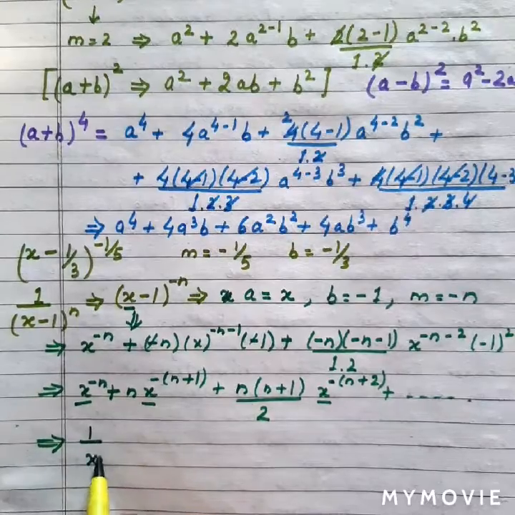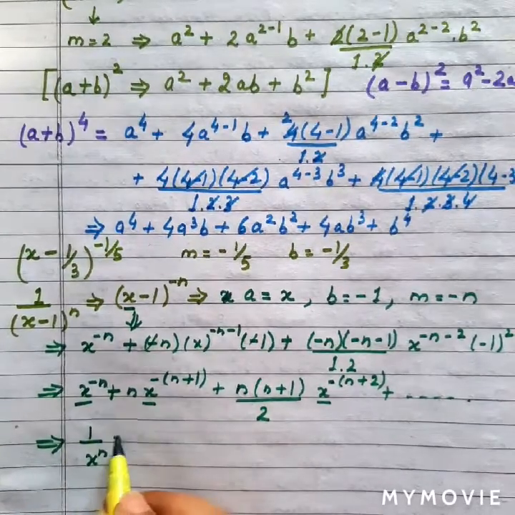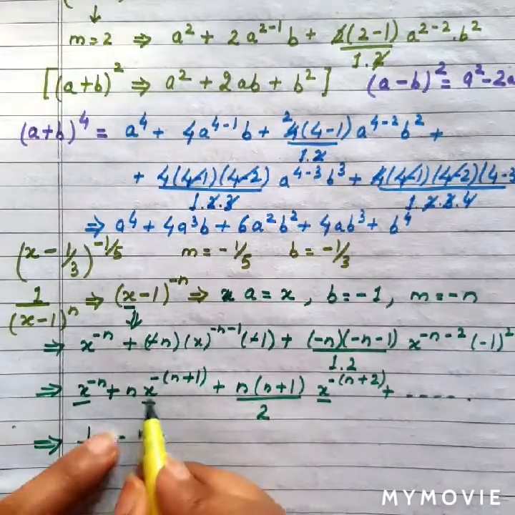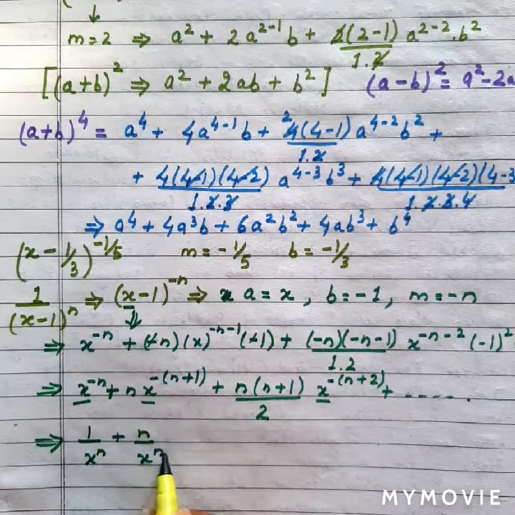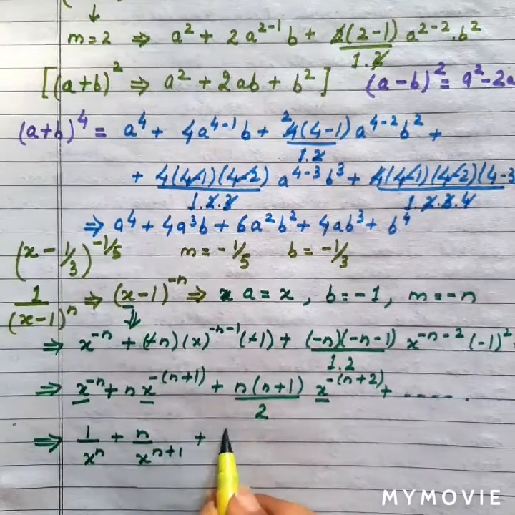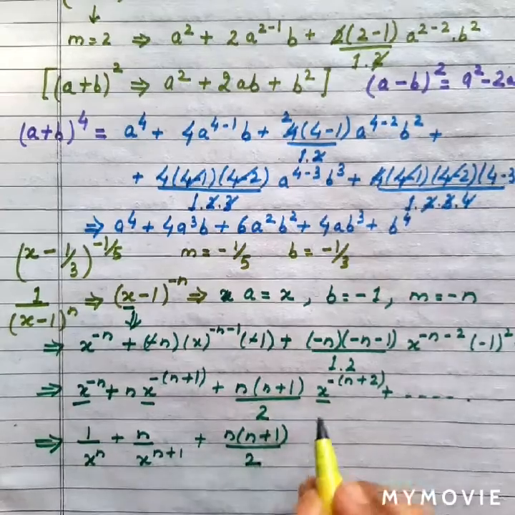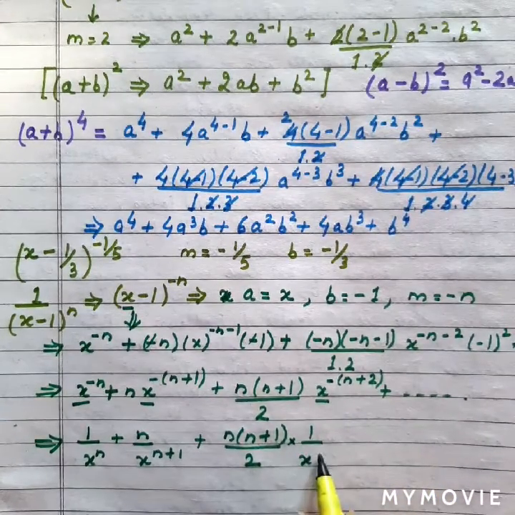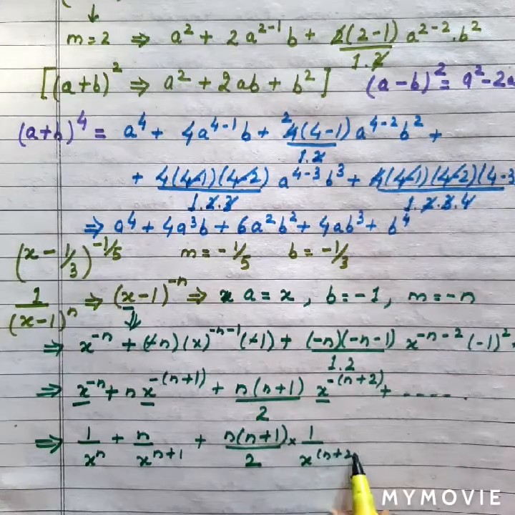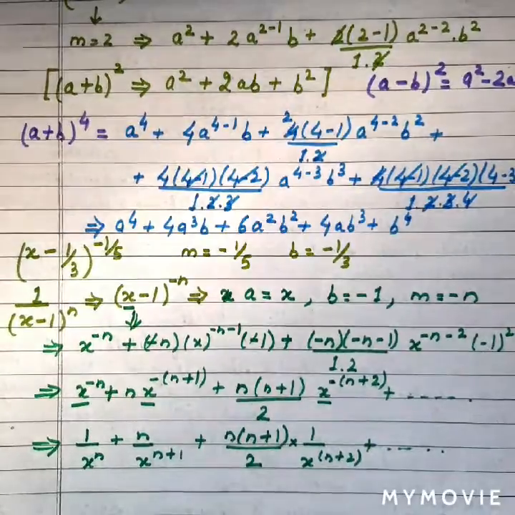So 1 upon x raised to power, and when this power comes down it will become positive, fine, and will remain over there, and this x I'm taking down, so x raised to power n plus 1. Here n plus 1 divided by 2, so this term I'm taking down, x raised to power n plus 2, and in such ways we can write other terms also, fine.